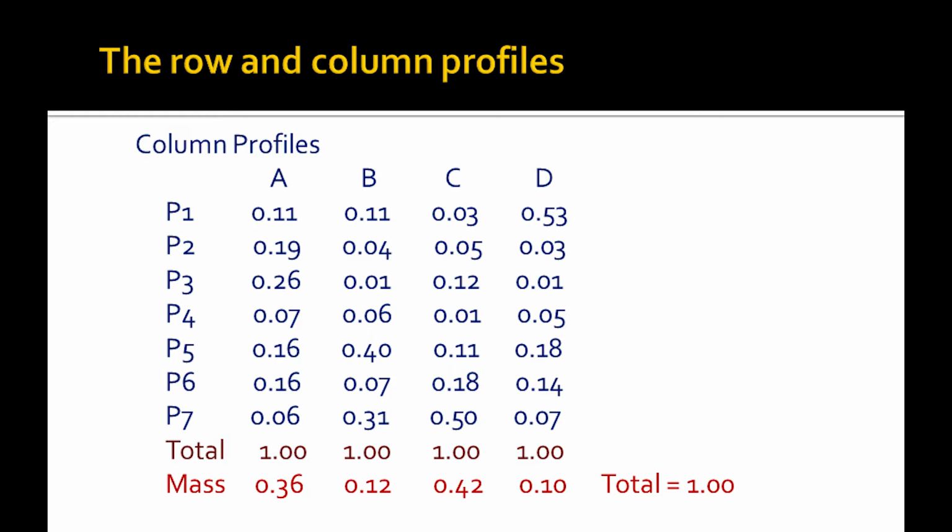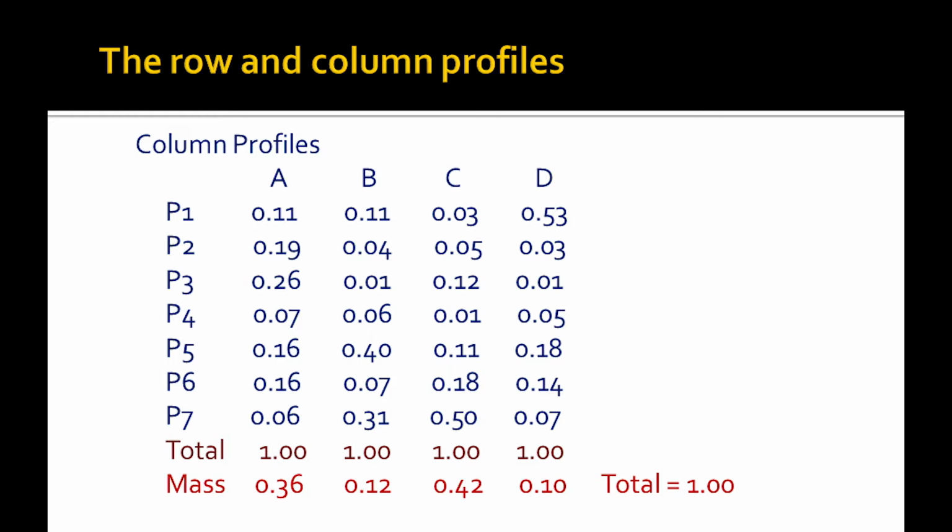In this case, of course, we'll be doing the column sums and dividing by the column marginals. So you can see that the column marginals now are 1. And if we look at a particular column, say for example, the last column D, it says that 53% of the potteries found in D are of type P1.